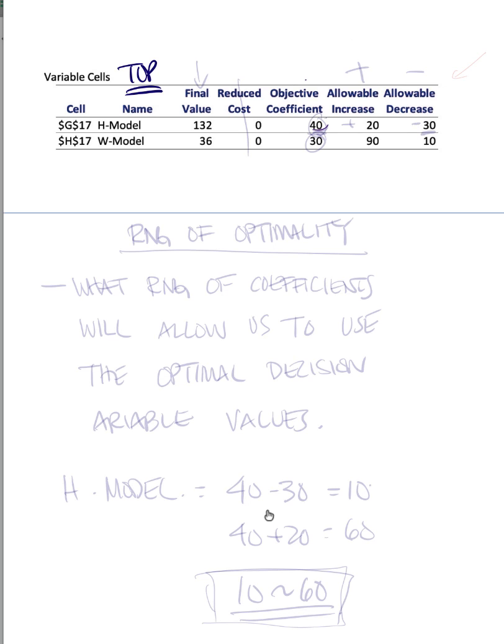In this case, the coefficients are the profits. At what range will the coefficient allow us to have the current optimal value of 132 H models and 36 W models? Okay, and that's what's referred to as the range of optimality.